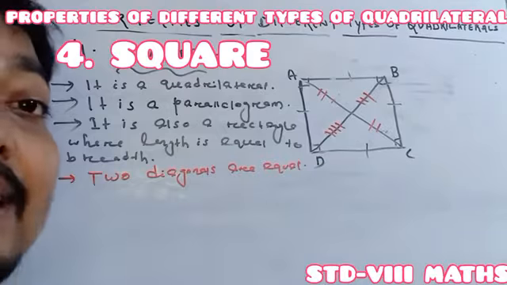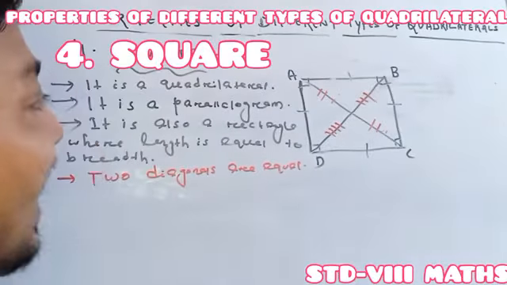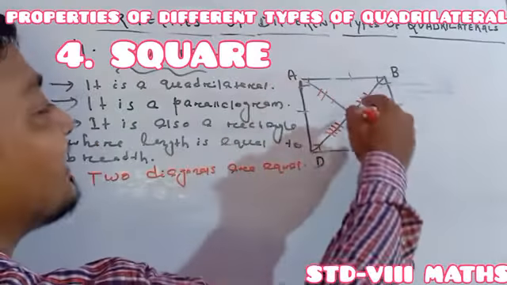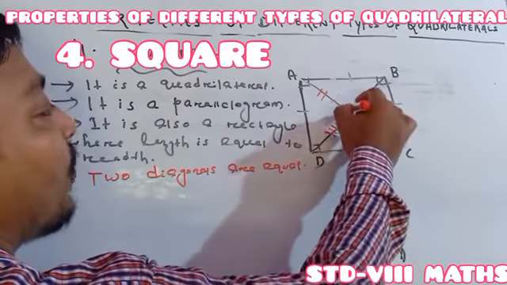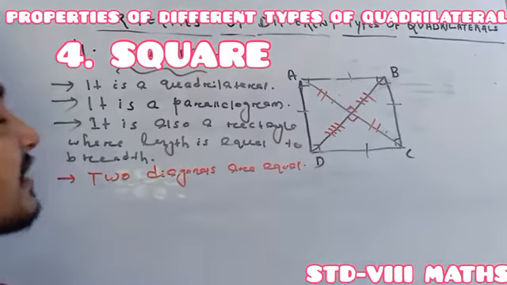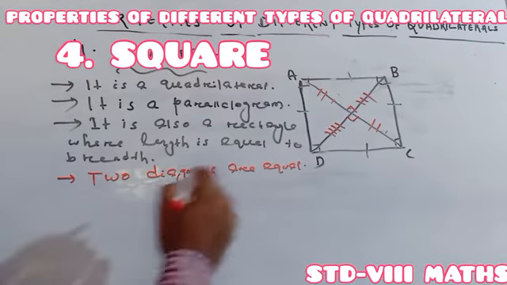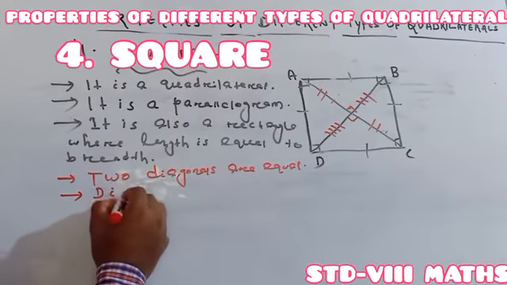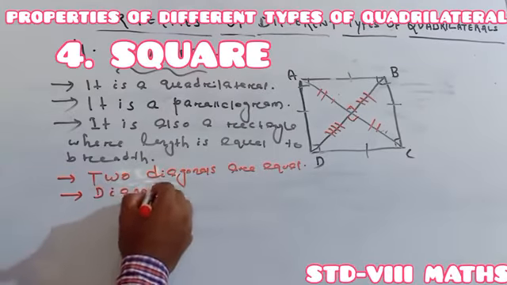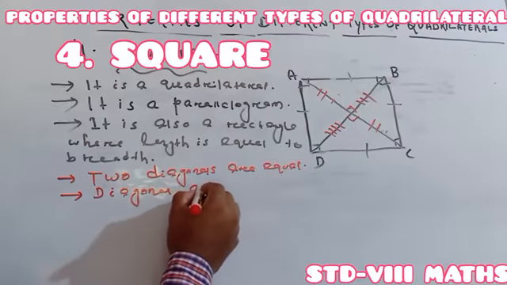As it is a rectangle, both the diagonals are equal, and as its four of its sides are equal, so for which this one it is also all the angles of the intersecting angle of the two diagonals, also it is 90 degree. For which two diagonals are equal, diagonals are perpendicular bisector.